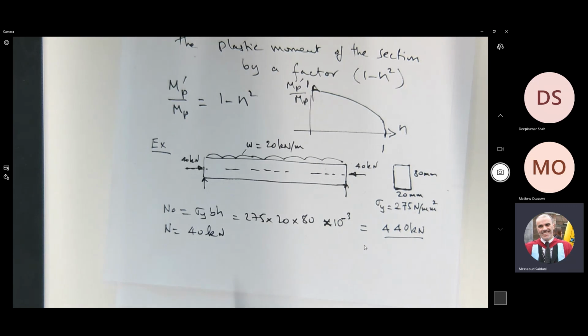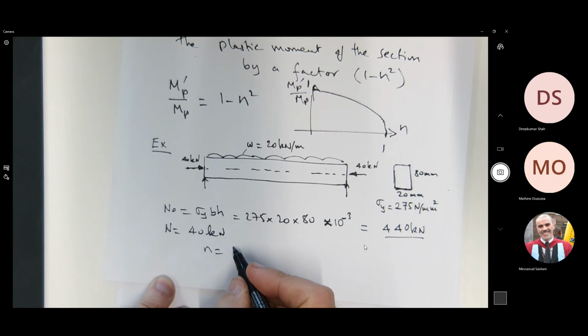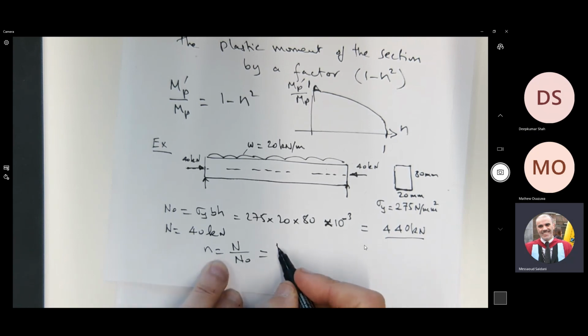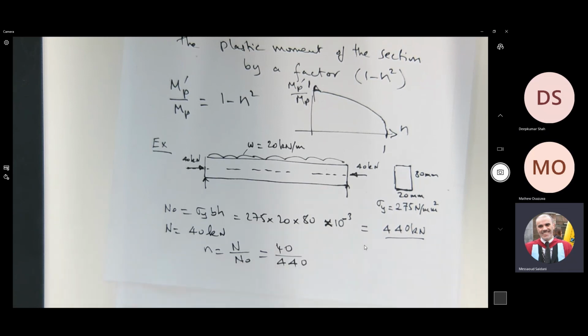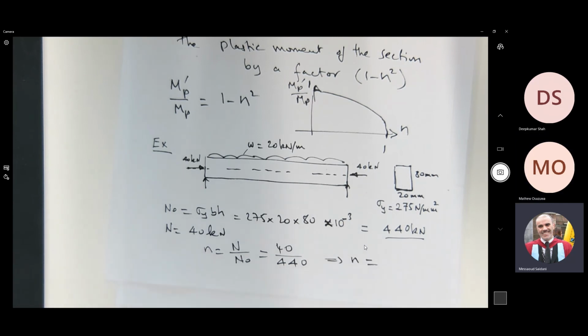N over N naught is equal to H by H1. So we don't need the H. That's the whole problem. It was a column. So what is 40 over 440? 0.09.